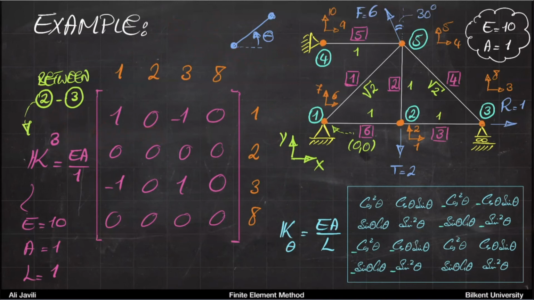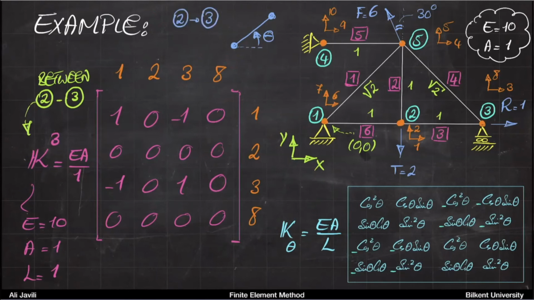You should just start from a particular direction and then write the angle with respect to that. So in this case, if I go from 2 to 3, then theta is 0.